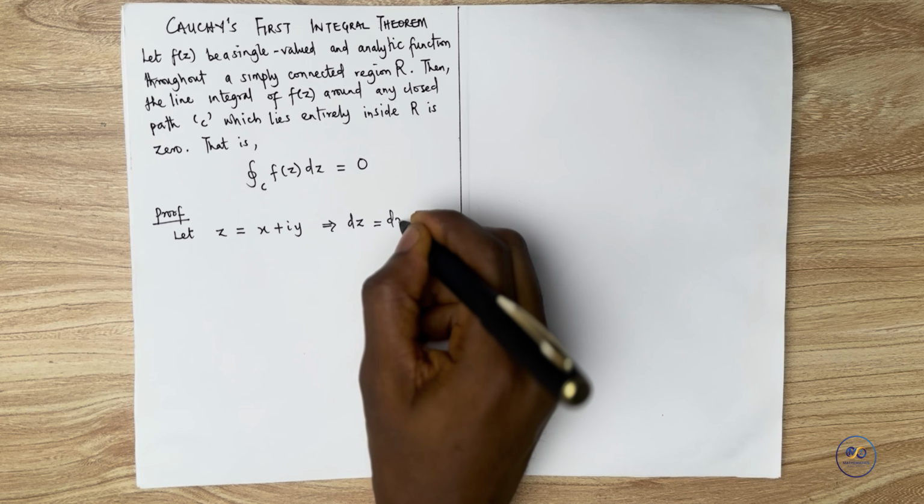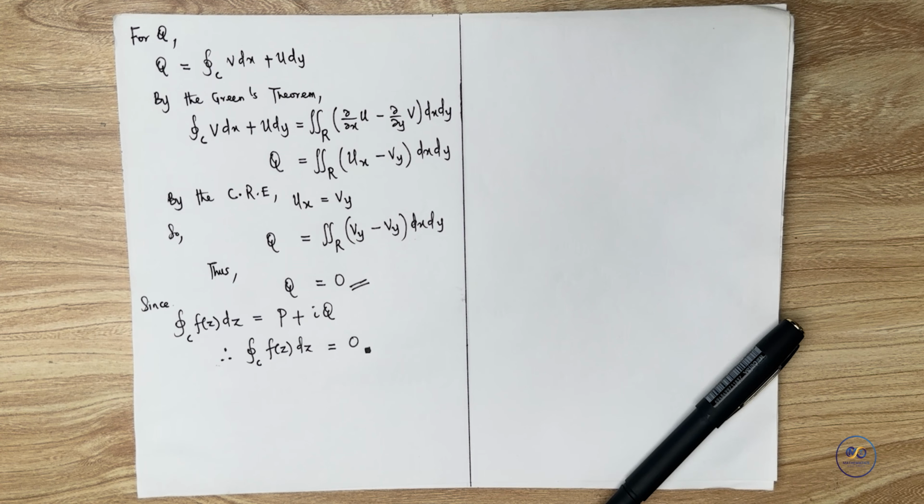And there we go. So we see immediately that the Cauchy-Riemann equation and Green's theorem are essential tools when it comes to proving Cauchy's theorem, right? Cauchy's first integral theorem, which is usually just referred to as Cauchy's theorem.